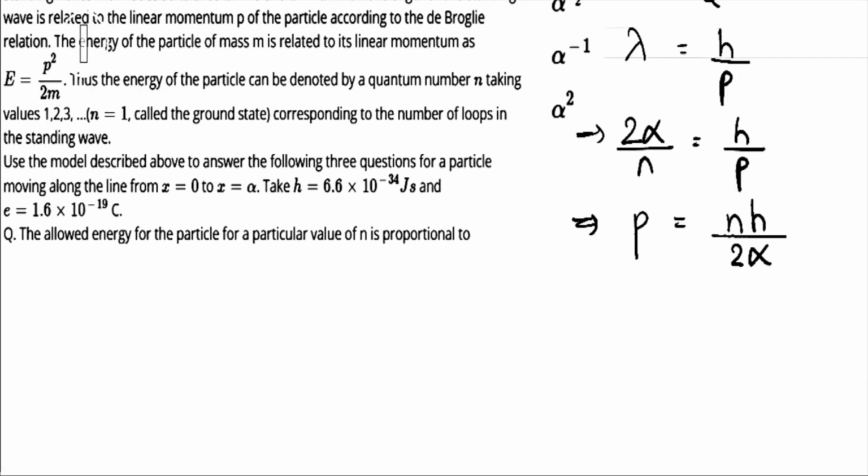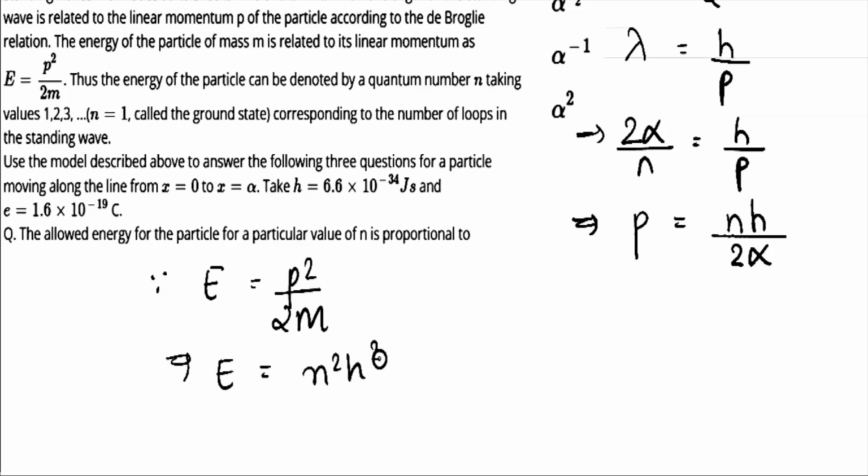Now what we are given, the energy of the particle of mass m is related to its linear momentum as this. So energy now is related to p square by 2m. Since this is given, so this implies that energy would be equal to n square h square by 4, not 4, actually 8.